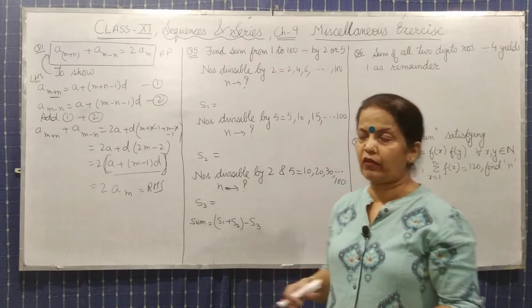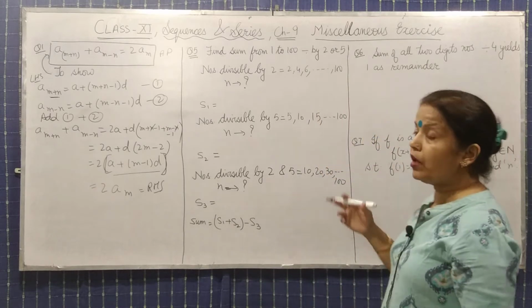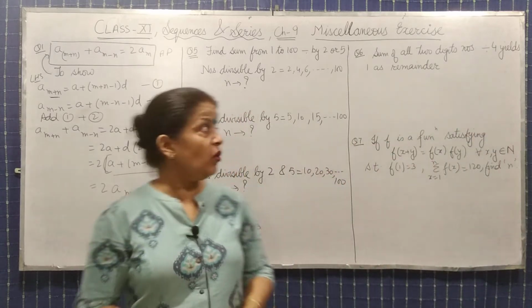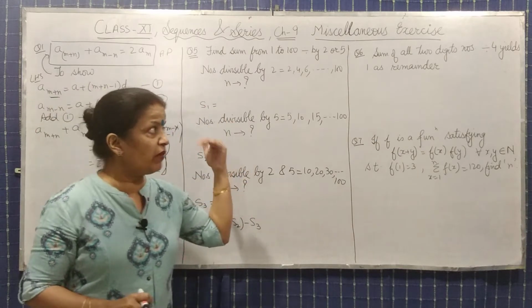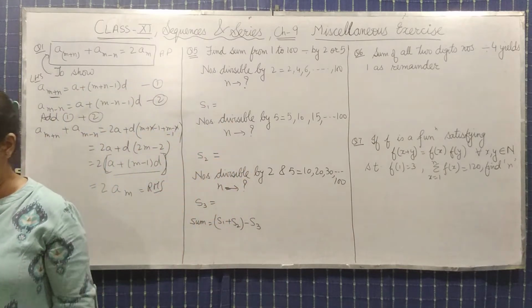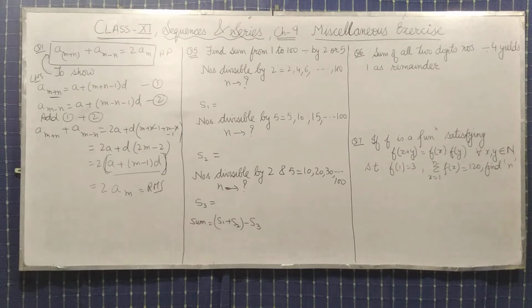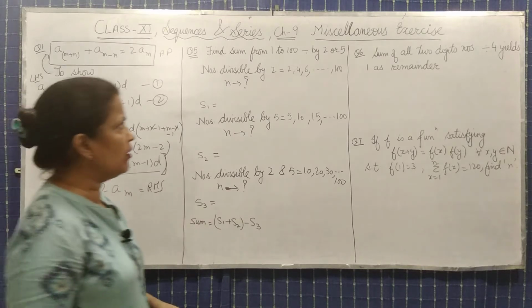So first we have to find out the numbers. What are the numbers which, when divided by 4, give remainder as 1? Remainder as 1. Let's see.